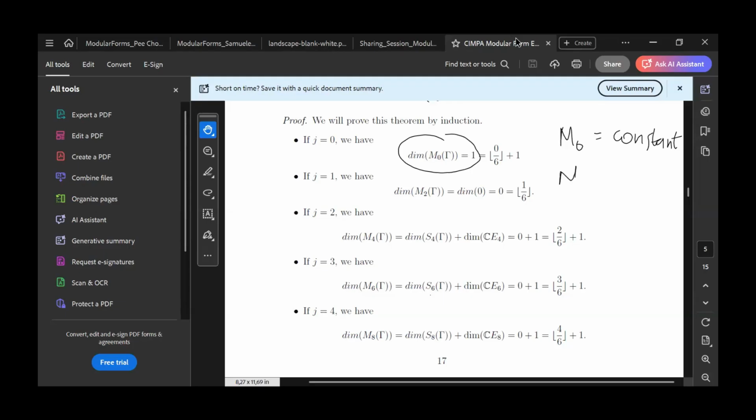While for M2, the only modular form is always the 0 function, which means that the dimension is 0. And for j equal to 2, 3, 4, and 5, we have M4, M6, M8, all one-dimensional, right? We have known that it is 1 again, 1, 1, 1.